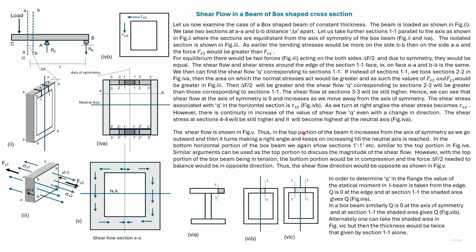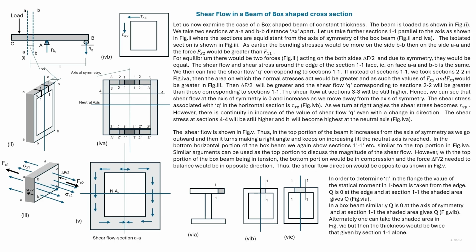Shear stress is given by the formula VQ by IB. If this method is being used to find shear stress, then B becomes twice the thickness. We have now discussed shear flow for two different cases, an I-beam and a beam of box-shaped cross-section.